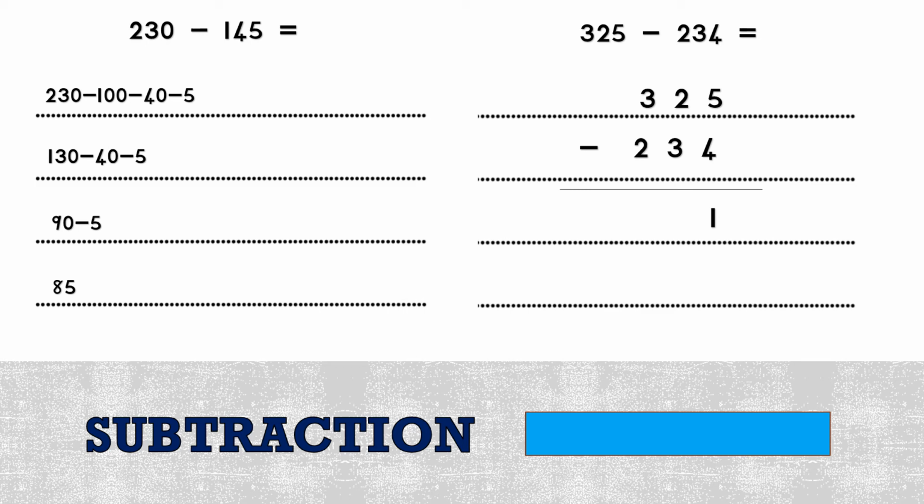Can I give Mpho 3 sweets if I only have 2 sweets? No. So that means I have to go borrow at Tembi. So I say, I borrow at the 3, but then Tembi only has 2 sweets left.